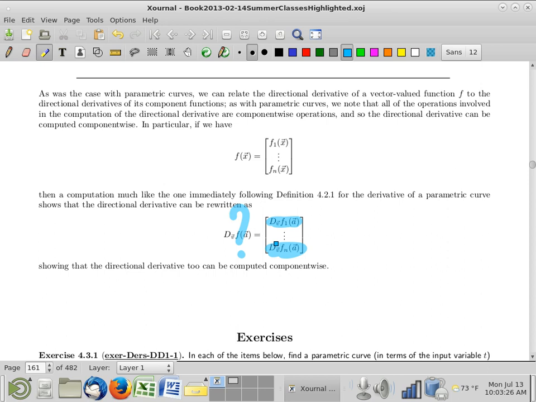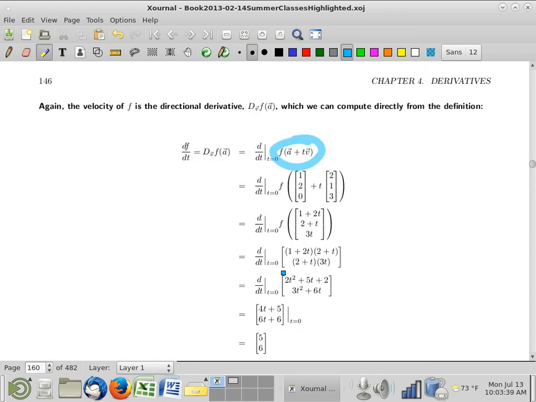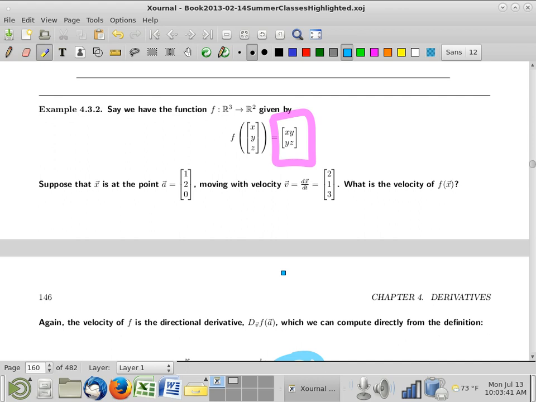These are then real-valued functions. I'm going to encourage you to take this as a little exercise. Look back at this example, where I computed the directional derivative of this function.